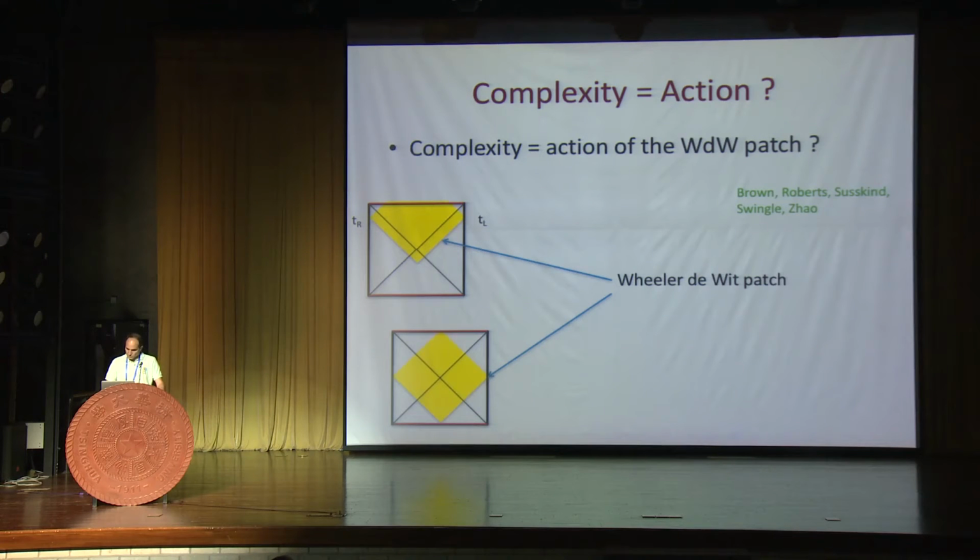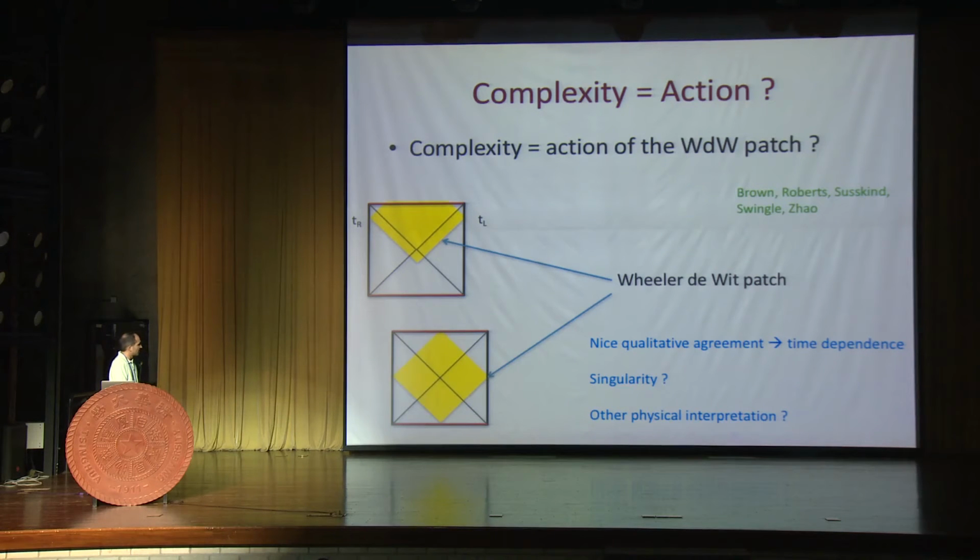Now there is nice qualitative agreement, and in particular the time dependence that we expect here. So here we expected that the tensor network should grow linearly with time as time progresses, and indeed this action grows linearly with time in a fairly universal way. Now there are some questions.